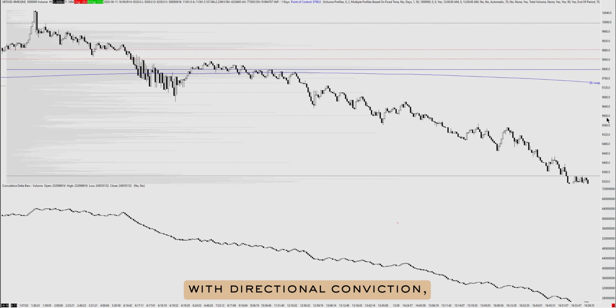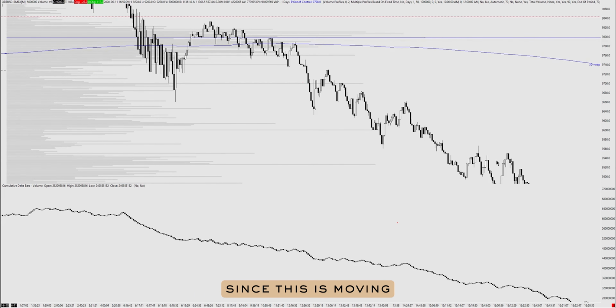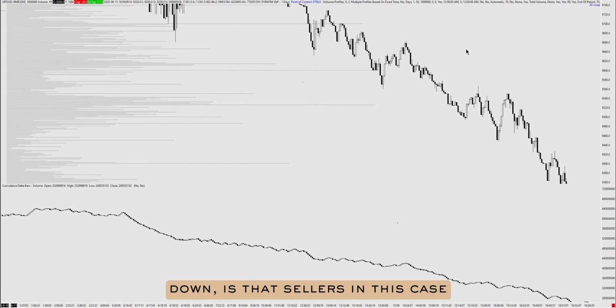What that means with directional conviction, since this is moving down, is that sellers are accepting these lower prices and being active at these lower prices, whereas previously they weren't. So buyers and sellers are willing to trade at these lower prices, whereas we are trying to make an effort upward.